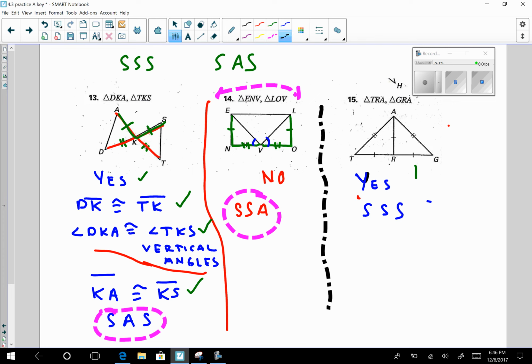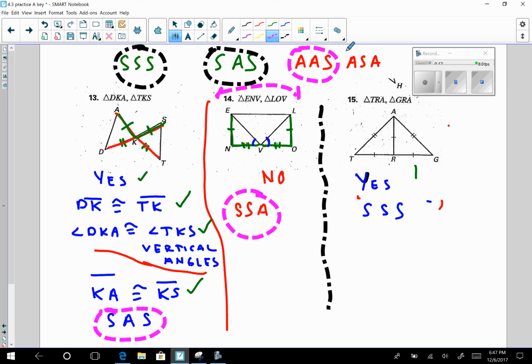Note that thus far, we have only discussed side-side-side and side-angle-side. Later on, in the next section, we will talk about angle-side as being a congruence theorem, and we talked about angle-side-angle.